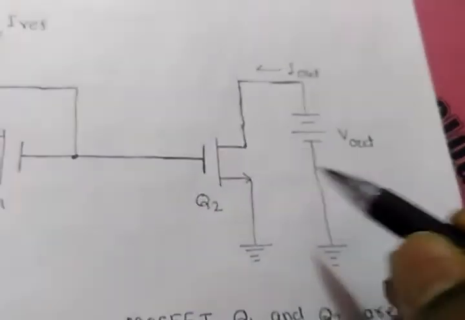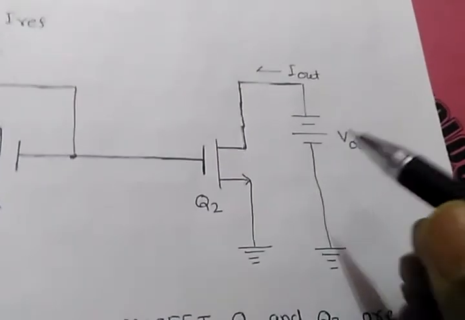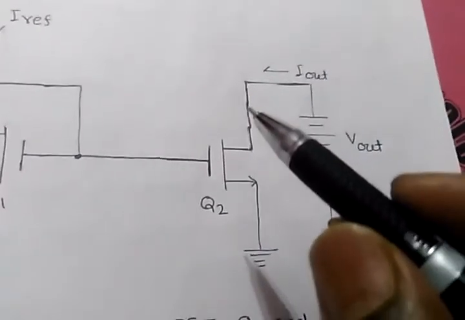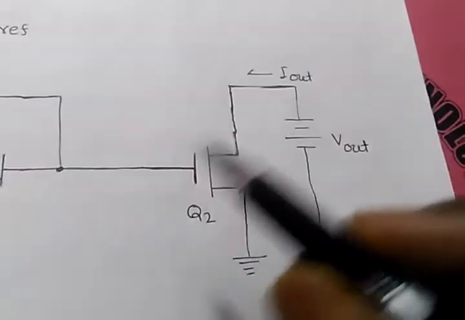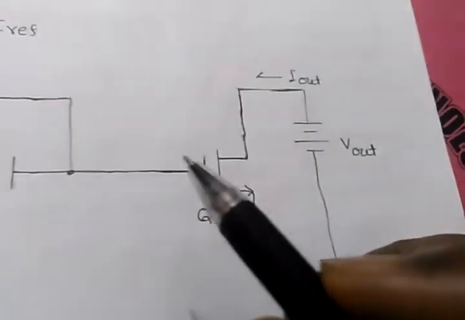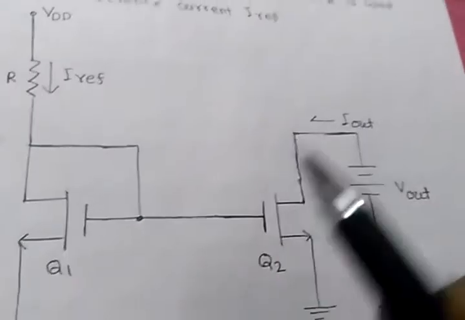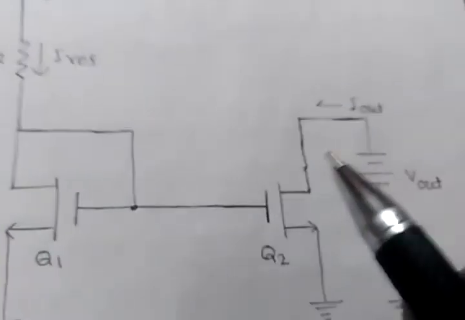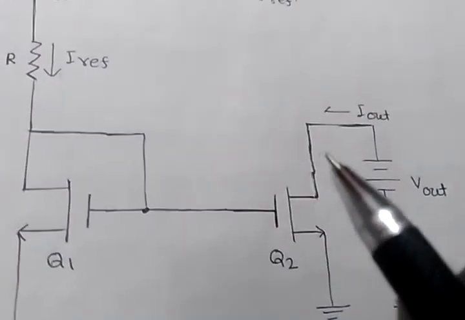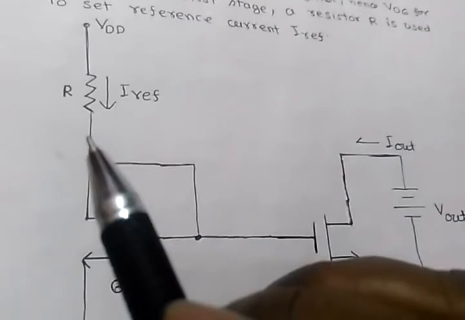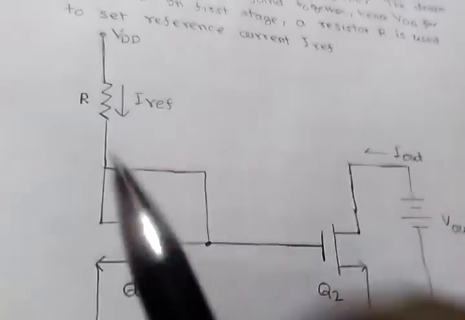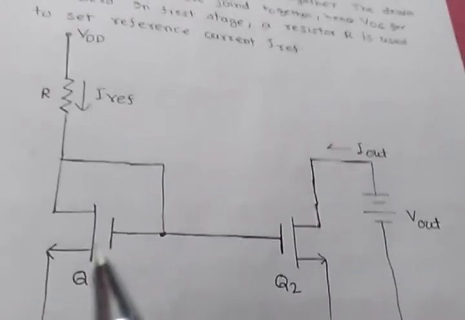If we set the output voltage of transistor Q2 so that drain to gate voltage of transistor Q2 is 0, in this case the drain current of transistor Q2 will be the same as drain current of transistor Q1 because both the transistors are matched, and their gate to source voltages are the same.